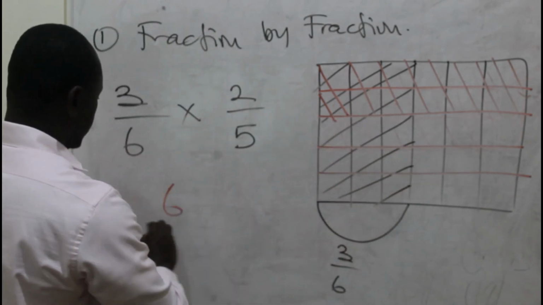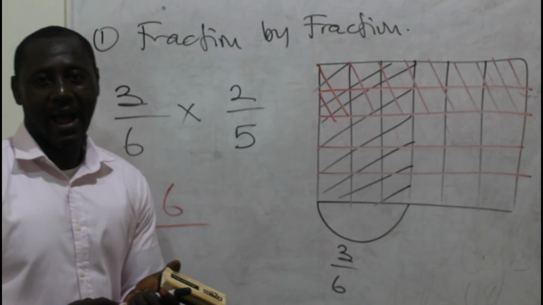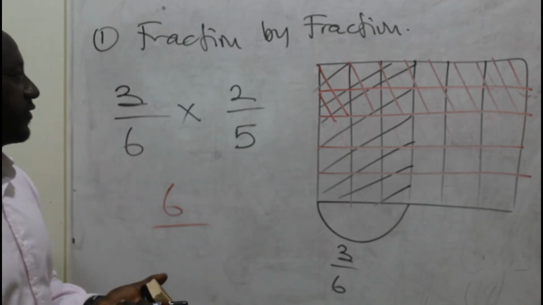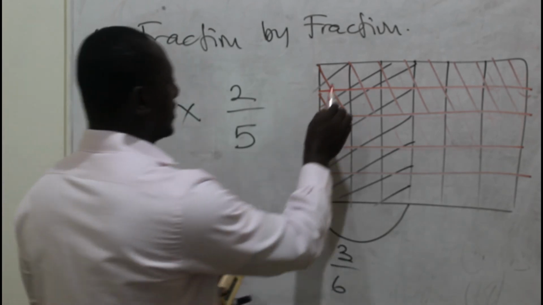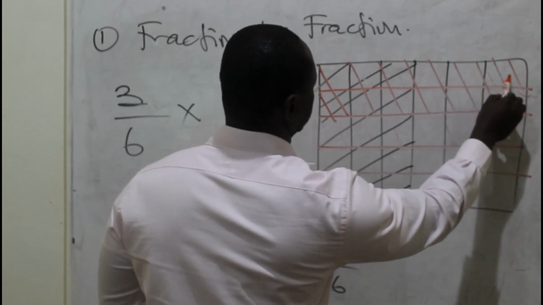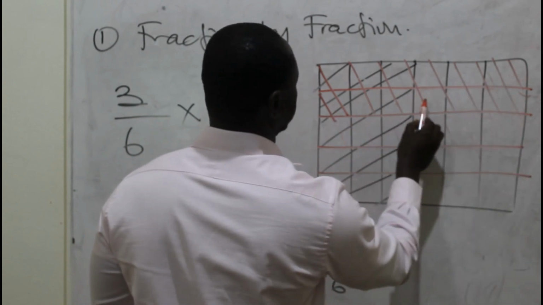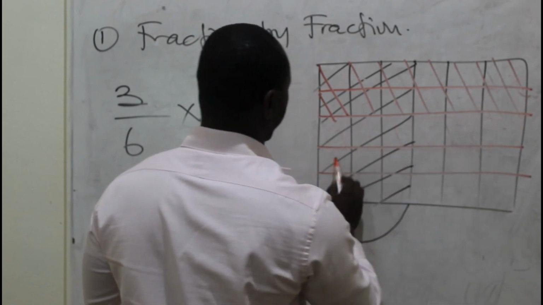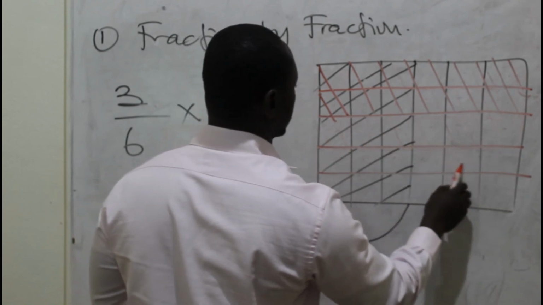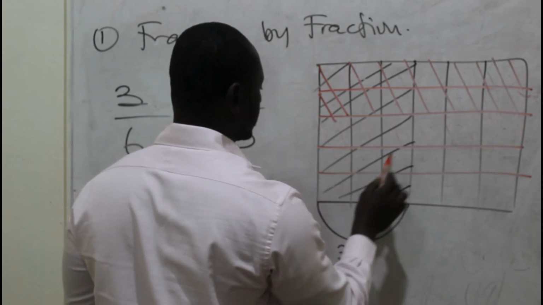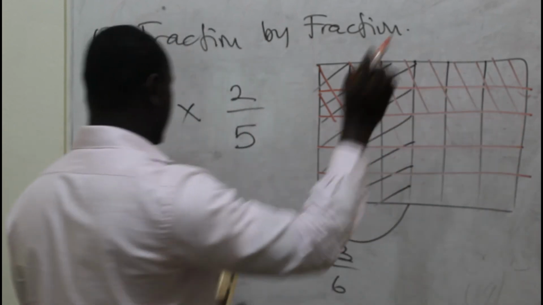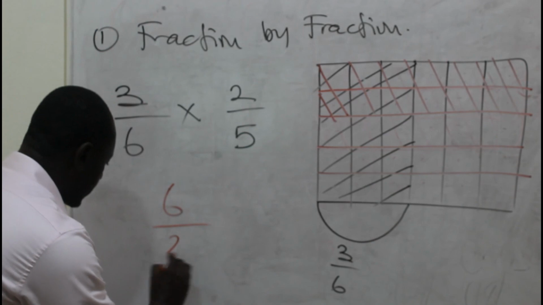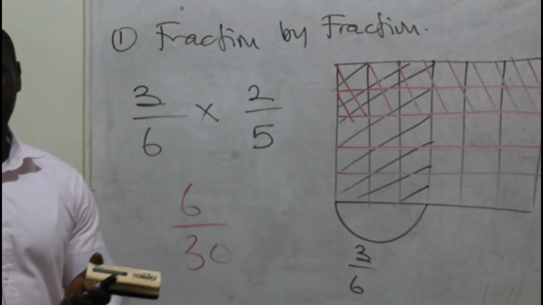And that is going to give me 6. Divided by how many divisions involved? You count the number of divisions. 1, 2, 3, up to 30. So we have that. And this is the answer.